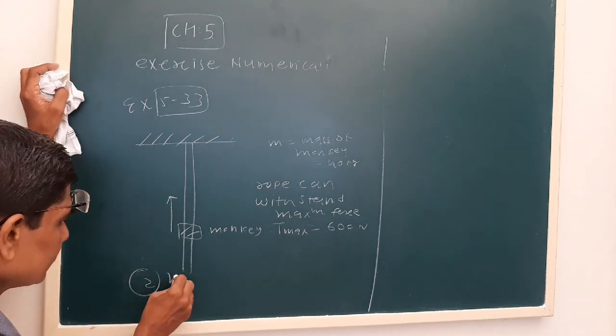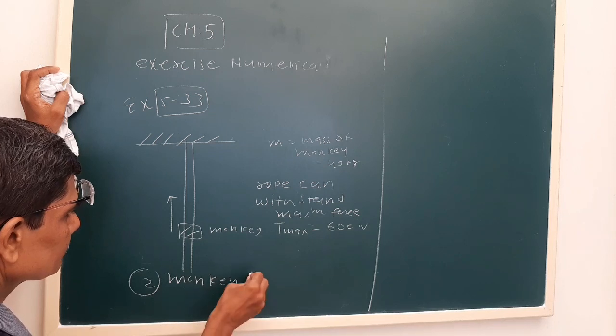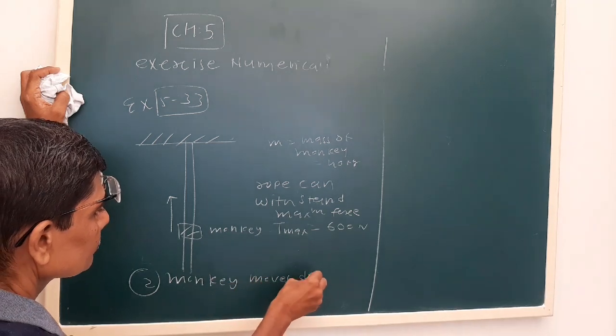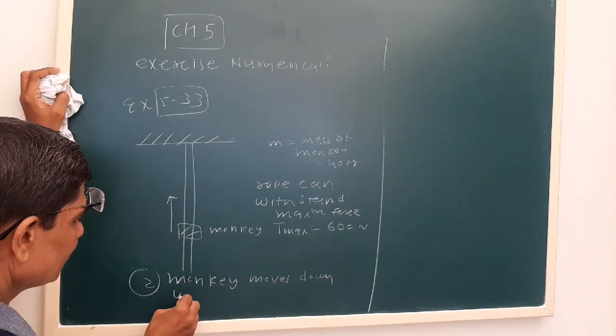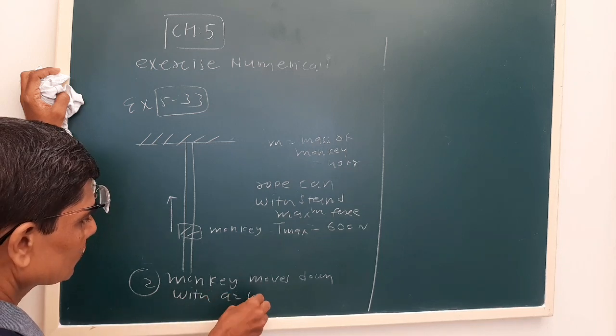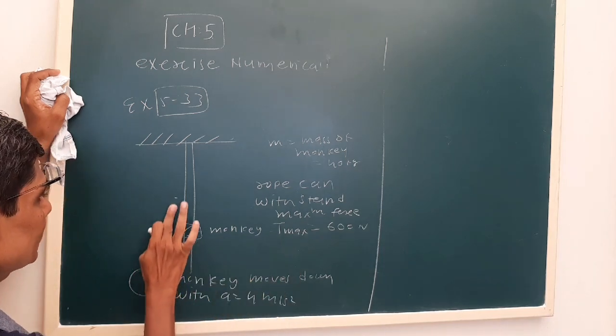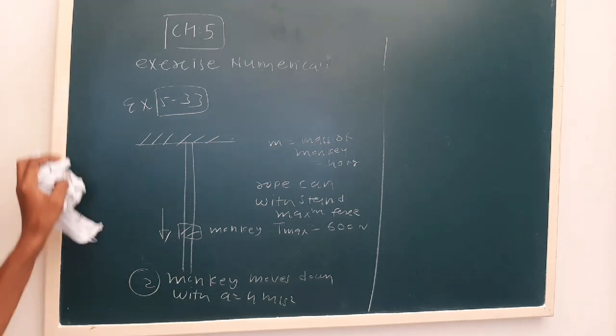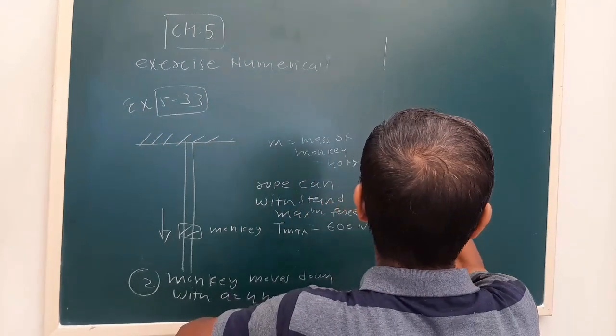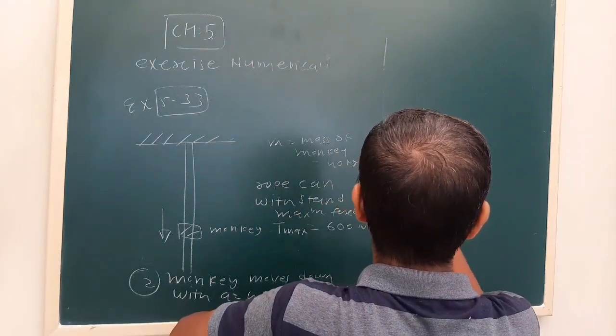It moves down with acceleration of 4 meter per second square. Again we consider the free body diagram.